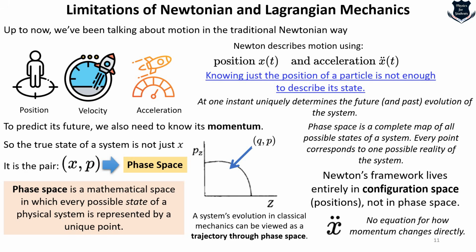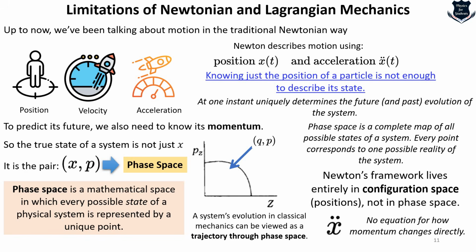So we can say from here that Newton's framework lives entirely in configuration space, position, not in phase space. Lagrangian mechanics, as we will see, is better, but it still produces second order differentials, and it treats velocity as the main variable, not the momentum. So there are limitations, because Lagrangian mechanics does not fit well with phase space.